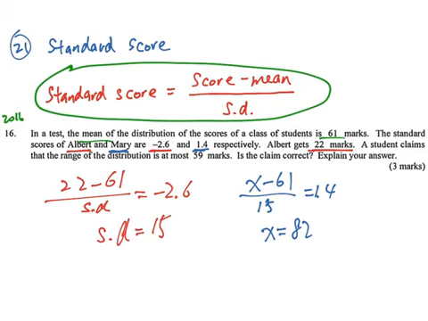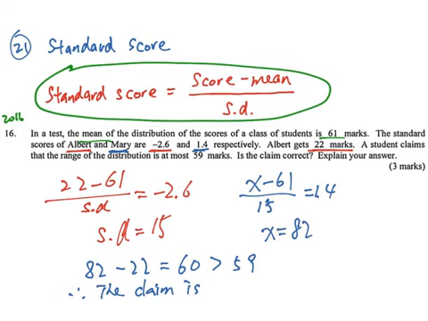If we use the marks of Mary, 82 minus Albert's 22, the difference is 60. Actually, it is more than 59. So that means the claim is incorrect.